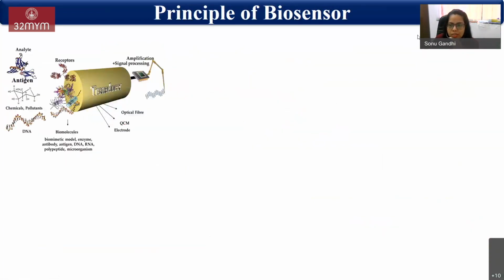So, what is the principle of sensors? As you can see from the picture, the transducer is the heart or the core of the instrument or the device. These transducers can be optical, QCM, or electrochemical, or anything that we would like to design. This transducer is connected to the biomolecule interface. This biomolecule interface could be anything like DNA, RNA, antigens, antibodies, enzymes, or microorganisms if we are looking to detect the whole cell.